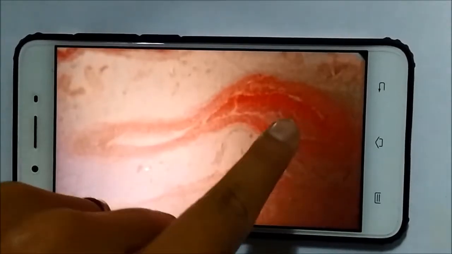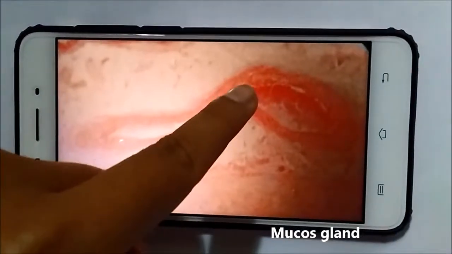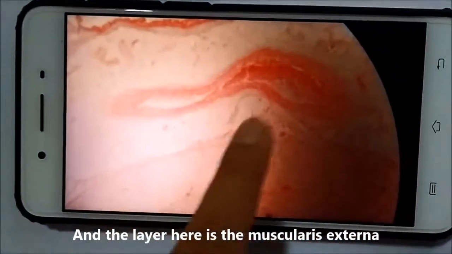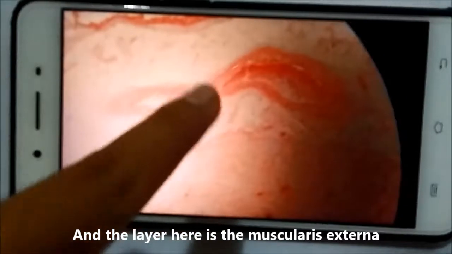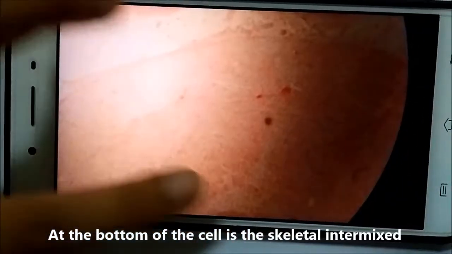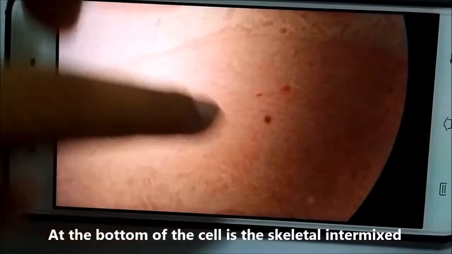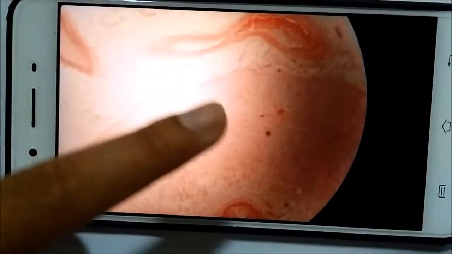As we can see here, this is the mucous gland, and the layer here, only here, is the muscularis externa, and at the bottom is the skeletal intermix. So basically this is the esophagus.